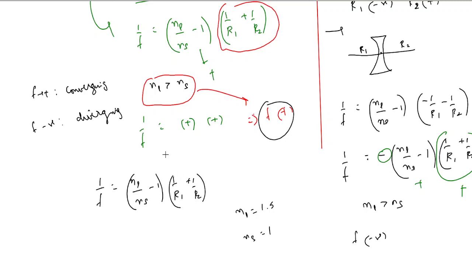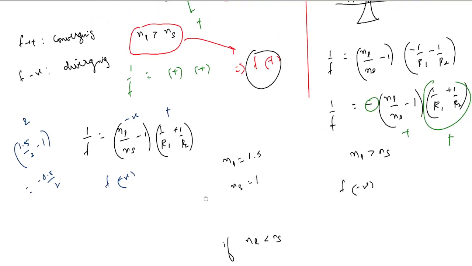Anyway, this term will be positive, but this term becomes negative. For example, think of a lens placed in a medium of refractive index 2. Then this becomes 1.5 by 2 minus 1, that becomes minus 0.5 by 2. So this term becomes negative, so finally F becomes negative.